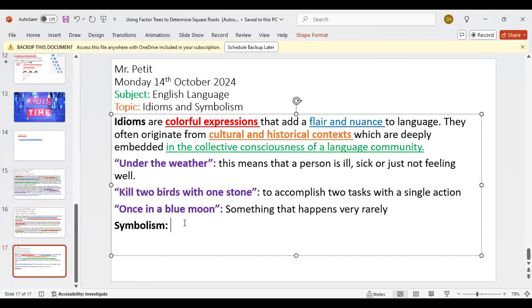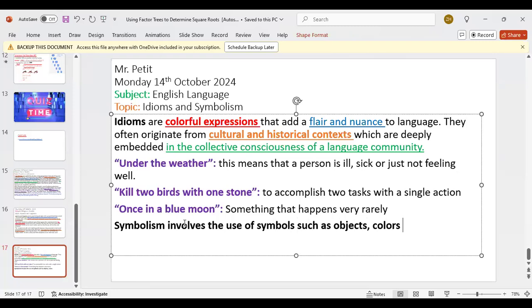So symbolism involves the use of symbols such as objects, colors.